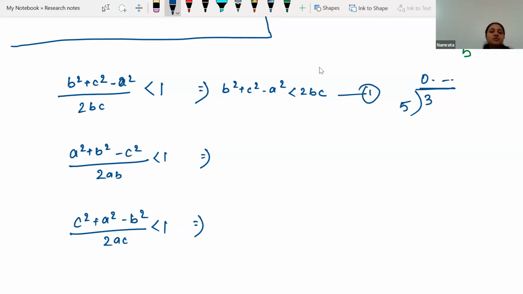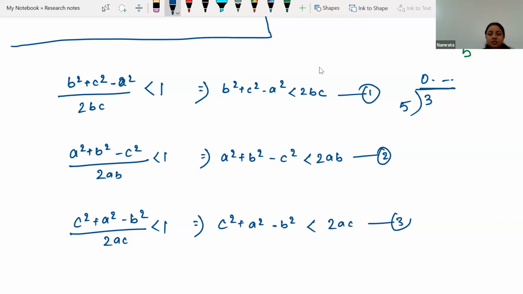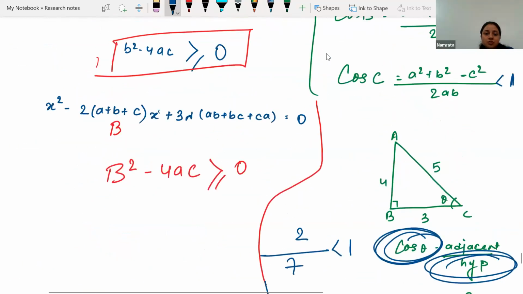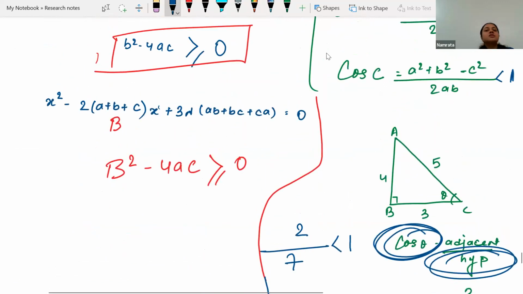So we have to use equation number 1, equation number 2, equation number 3. Just do this much, b square minus 4ac greater or equal to 0, and do let me know what you are getting.